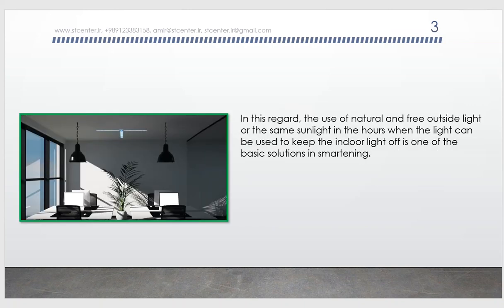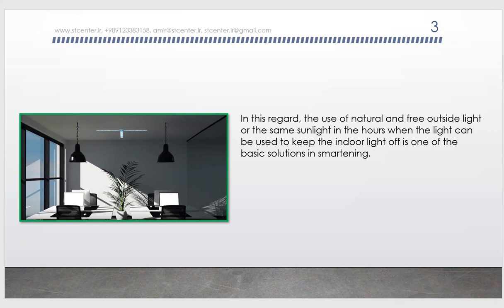One of the important usages in offices, for example, is to use the natural light that is available outside in many buildings, and then decrease the usage of light inside the room to save energy, and at the same time provide enough ergonomic environment for the users.